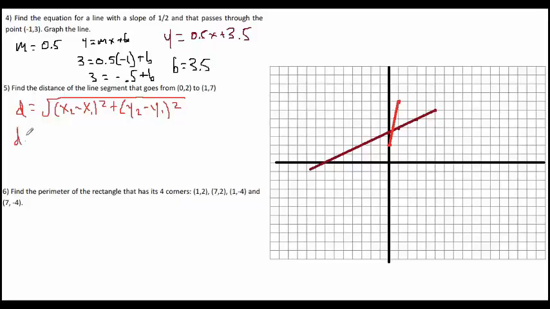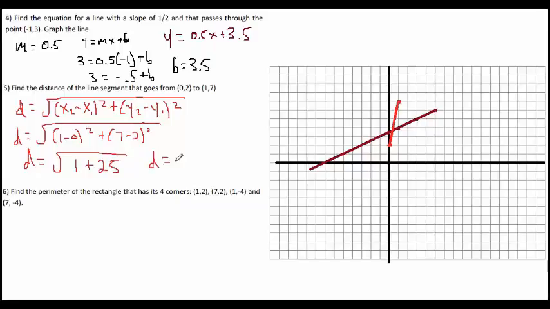So let's apply that. Our second x is 1 minus 0 squared, and then we've got 7 minus 2 squared, which is the distance equals the square root of 1 squared, which is 1, plus 5 squared, which is 25. And so our distance is the square root of 26.